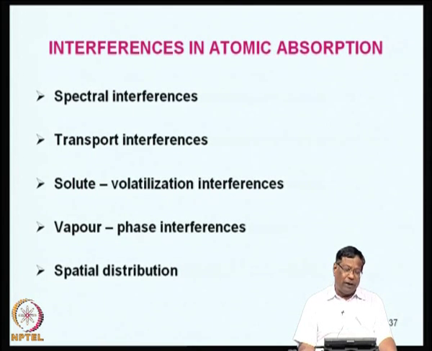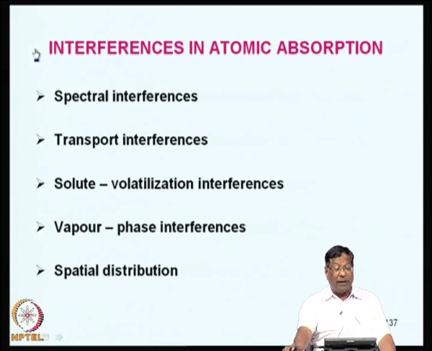And of course, you can always choose a second resonance line in atomic absorption, but the sensitivity goes down. So, always you should choose the resonance line corresponding to the minimum energy. We will discuss more about this shortly.